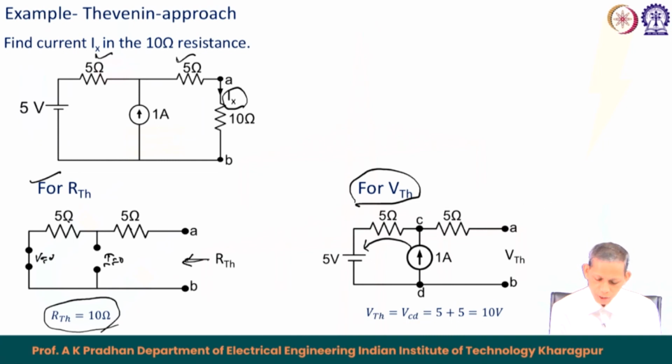So, the voltage at C with respect to D is 5 volt plus 1 ampere into 5 plus 5, that becomes equal to 10 volt. So, this is about 10 volt across Vcd, that equals Vab. So, Vth becomes equal to 10 volt.